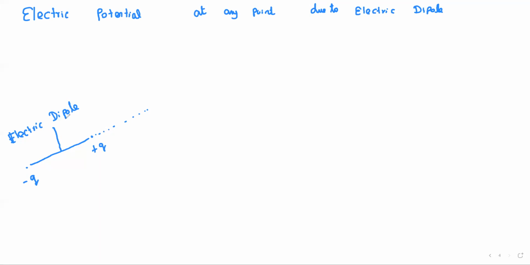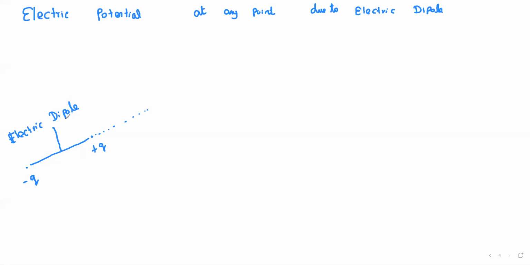So two formulas we have derived. One is electric field intensity due to electric dipole at a point on its axial line. The second one, electric field intensity due to electric dipole at a point on its equatorial line. Now we are not going to take the axial line or equatorial line.